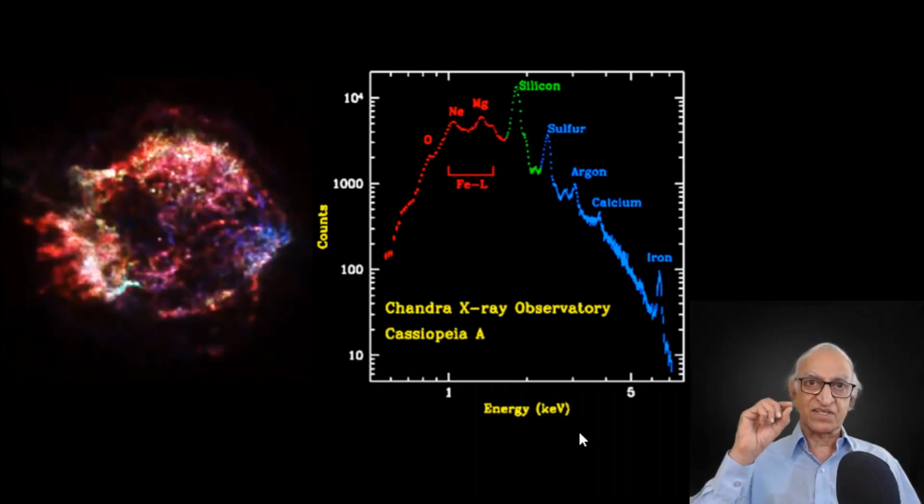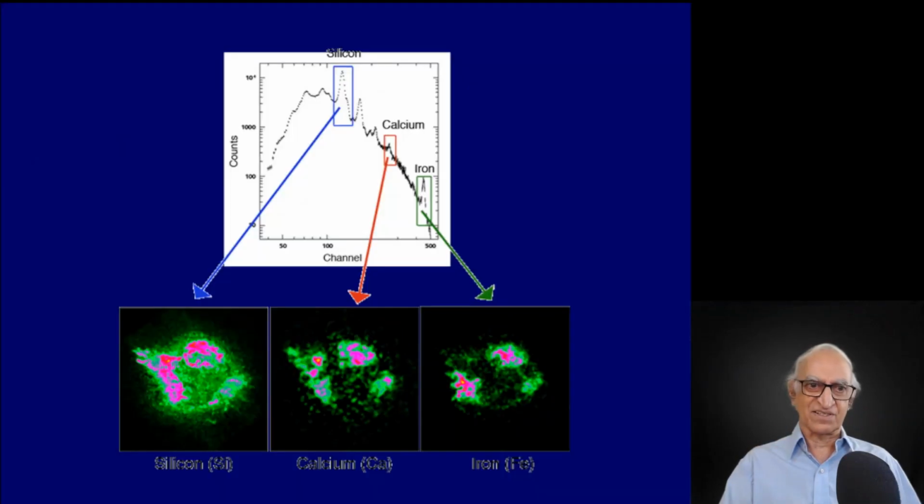So this is a direct confirmation that all these elements were synthesized in the star that exploded, just as we had said in our theoretical discussion of stars. Now, the Chandra X-ray Telescope has a transmission grating.